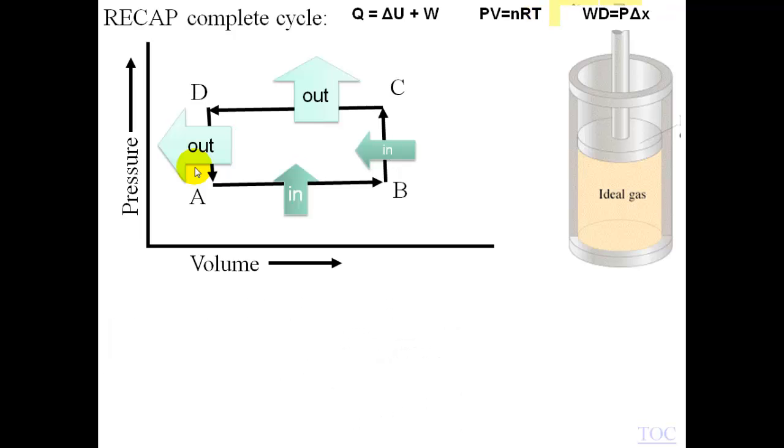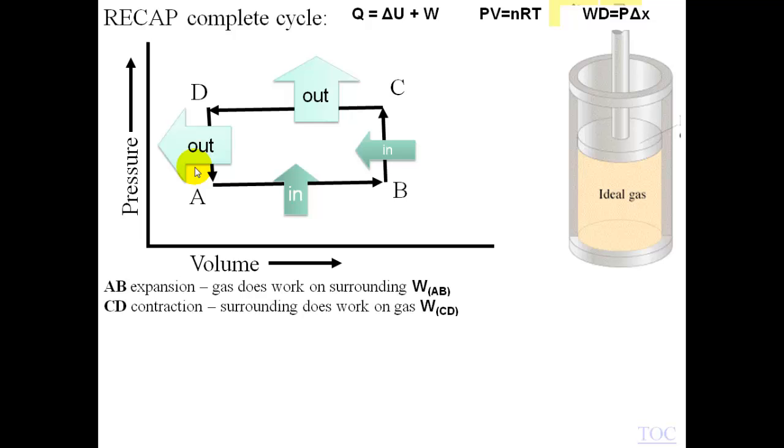On the other hand, if we imagine this thermodynamic cycle but in reverse, so it's in that anti-clockwise direction, we know the expansion from A to B does a certain amount of work. The contraction from C to D does also work on the gas. Which one is greater? Well, we know that the work done on the gas is greater than the work done by the gas.